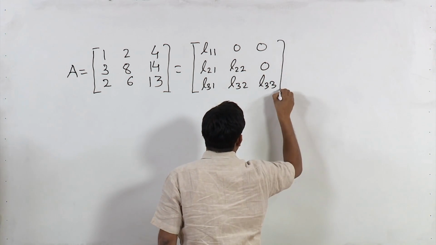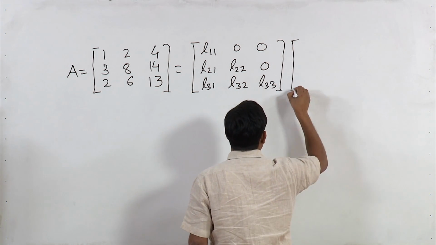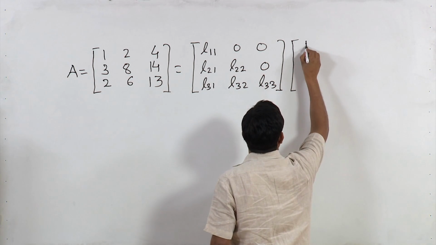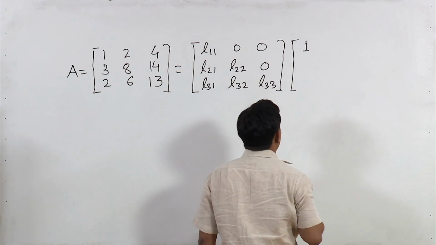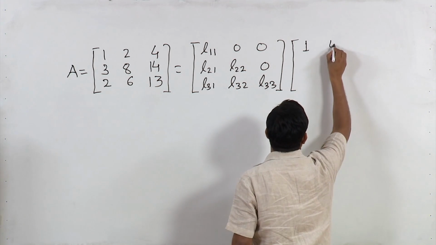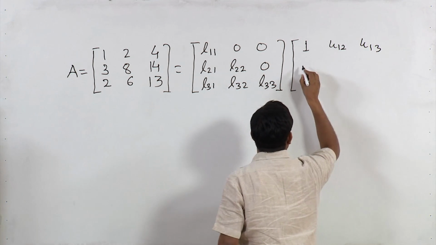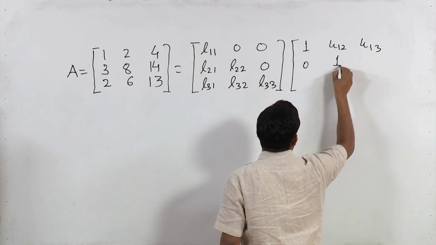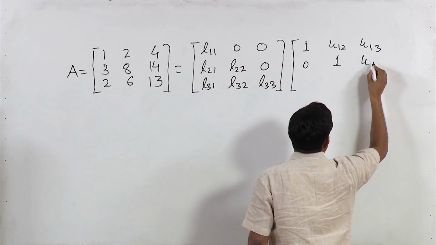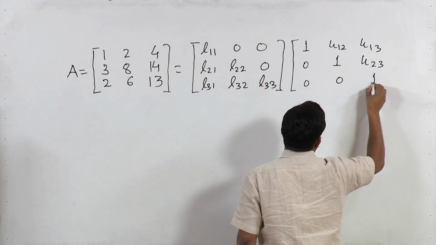This is the lower triangular matrix L, multiplied by an upper triangular matrix U. Here I am taking the main diagonal elements of U as 1: 1, U12, U13; 0, 1, U23; 0, 0, 1.